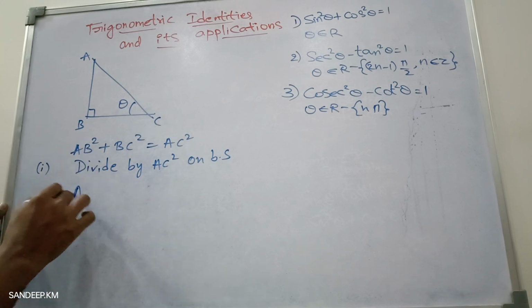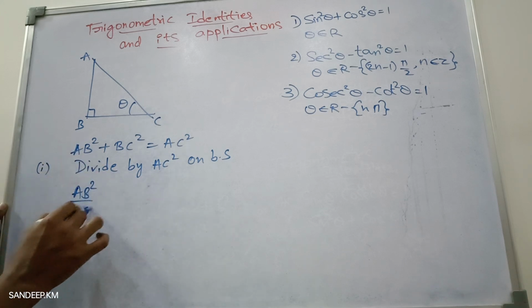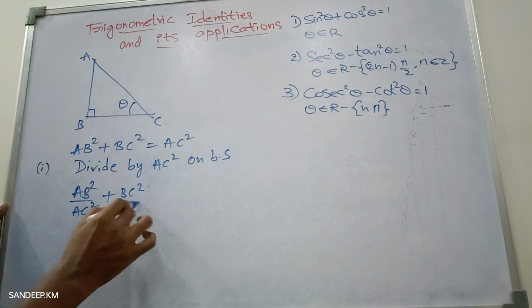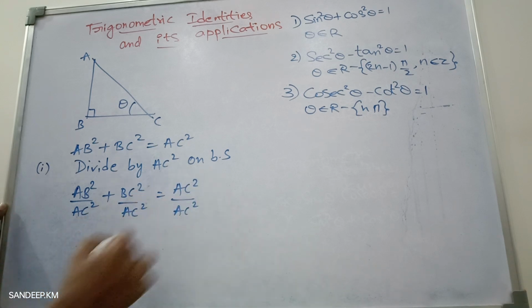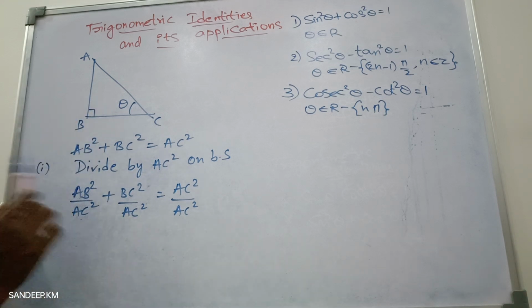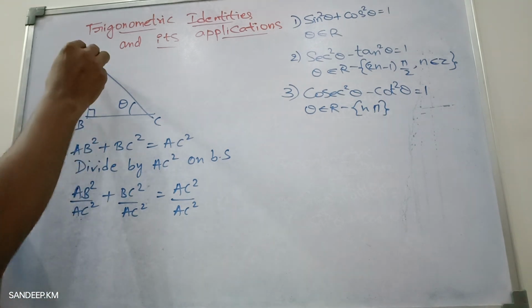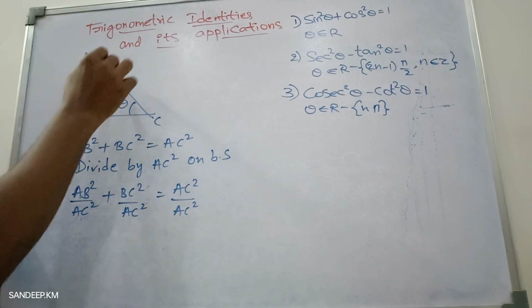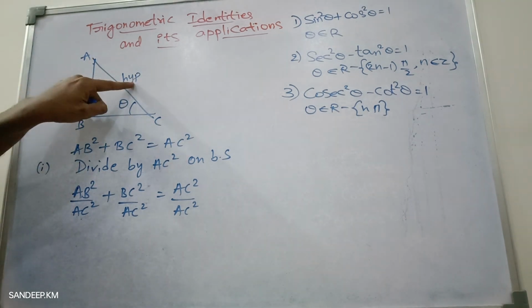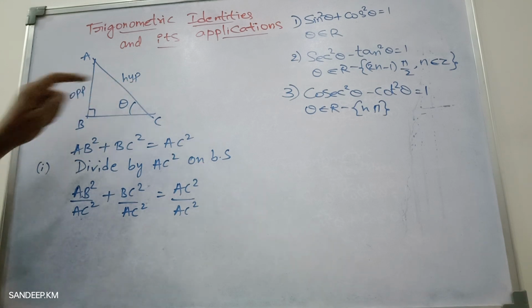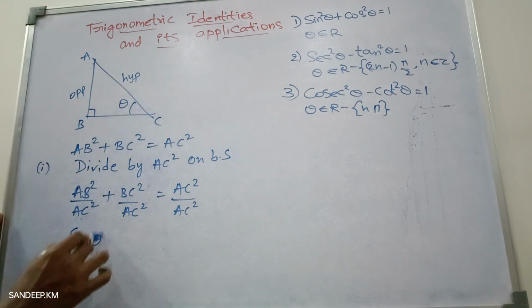Then AB square by AC square plus BC square by AC square is equal to AC square by AC square. Now if you observe from the triangle, dear students, what is AB by AC? AB is the opposite side and AC is the hypotenuse. So AB by AC means opposite by hypotenuse, and opposite by hypotenuse is sin theta, with square.